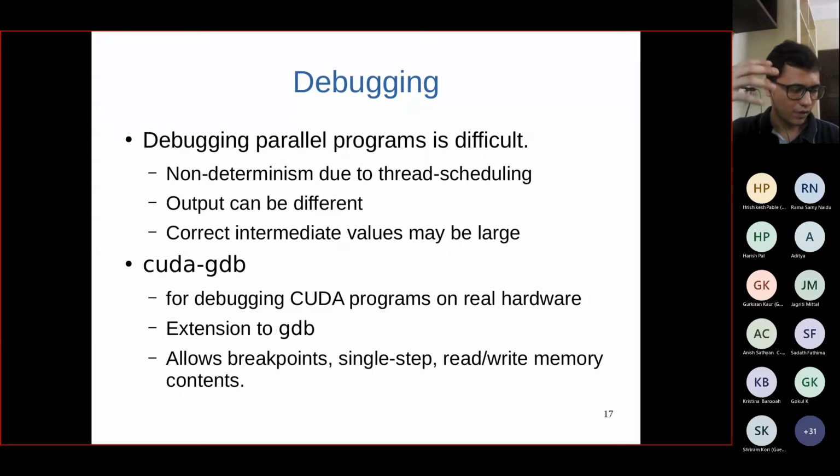So let us say that you have an SSSP application, right? That single source shortest path application. Let us say that there were multiple shortest paths from one source to that destination.